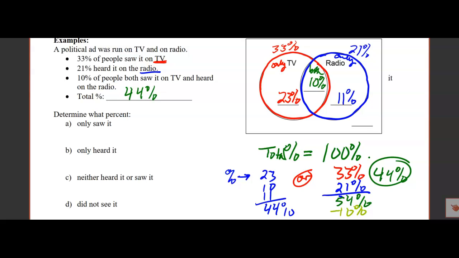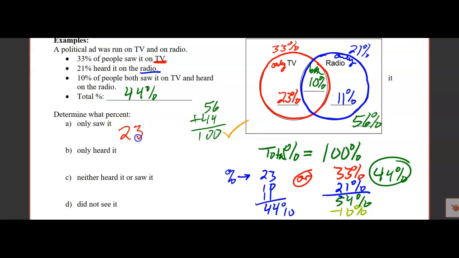So how many people had better things to do than listen to this ad or watch this ad? How many people were not around when the ad was happening? Is it 66? Okay, I'm hearing 66, I'm hearing 56. Which one's correct? Why? So 56 and 44, if I add them together, I get 100. And that's the number I'm supposed to get for a total percent. Okay, what percent of people only saw this? James, how many people saw it and did nothing else?